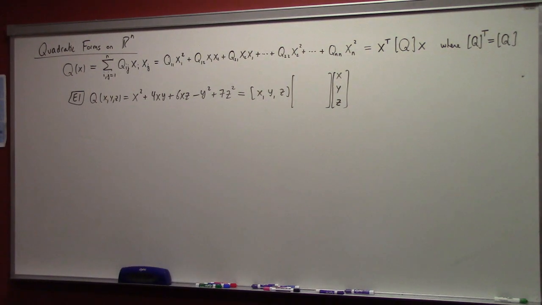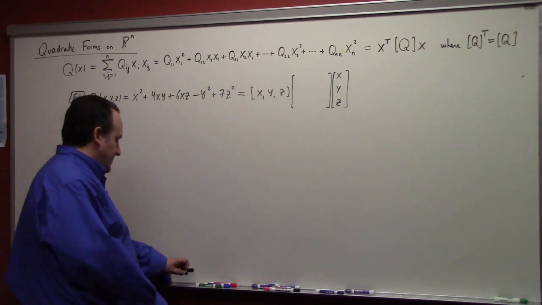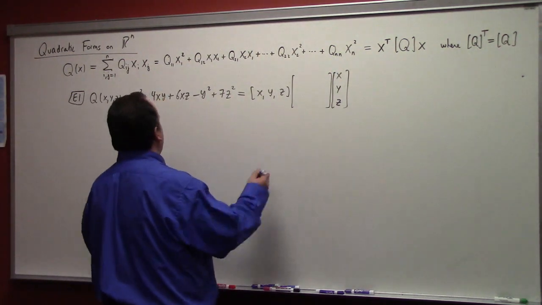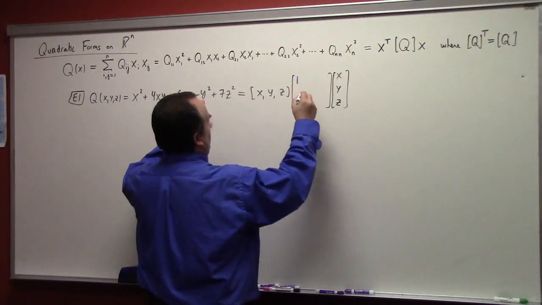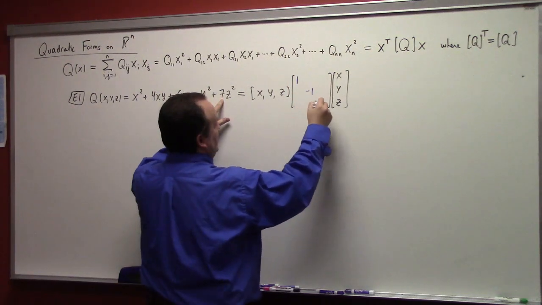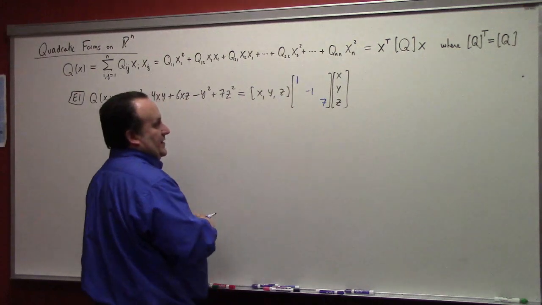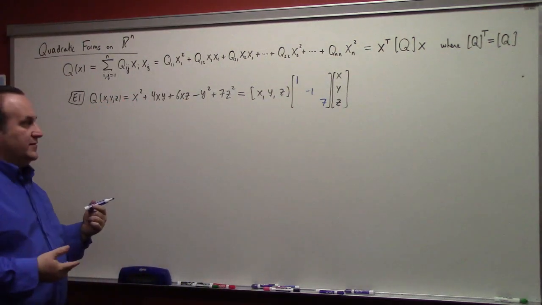What's the so-called matrix of the quadratic form here? I'll do the easy part first: 1, minus 1, 7. That's where I pick up the squared terms.